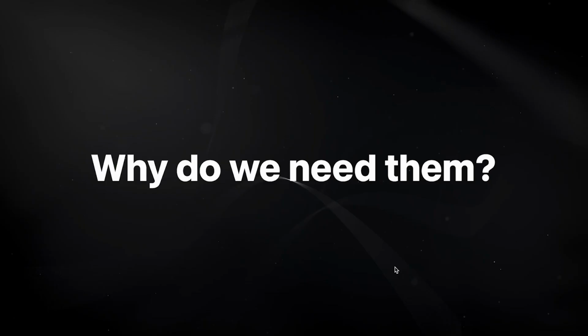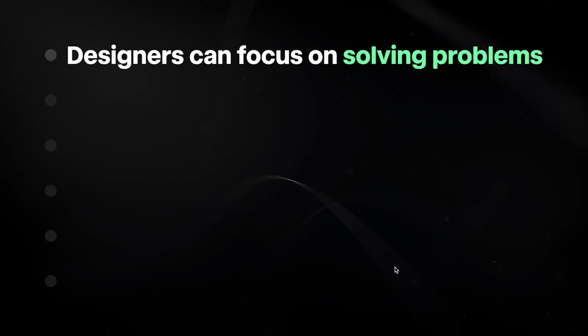All right. Now, the question is, why do we need design tokens? If you've already seen the video on the basics of design tokens, you probably have an idea, but I'm going to try to make this a little bit more informative. The first thing is that the reason we need a design system, and when we make a design system, we have to use design tokens, is that designers can focus on solving problems rather than figuring out UI level things.